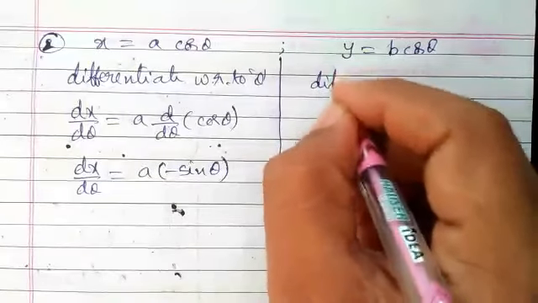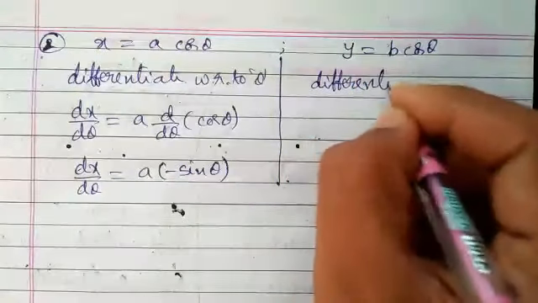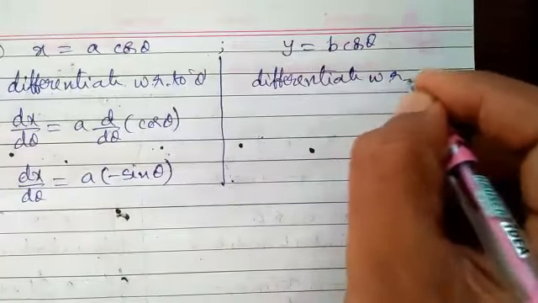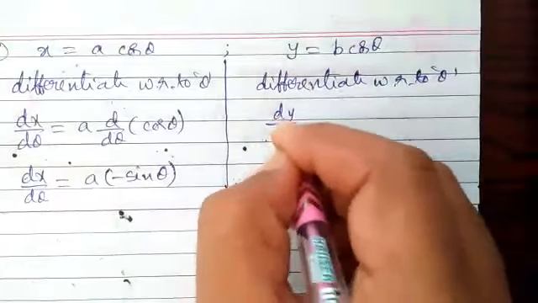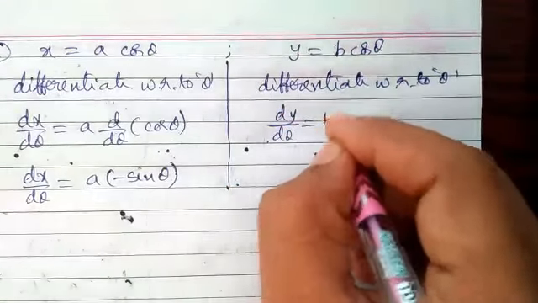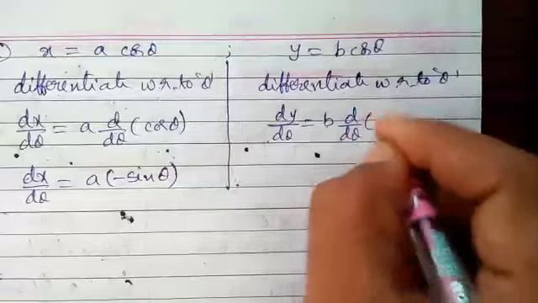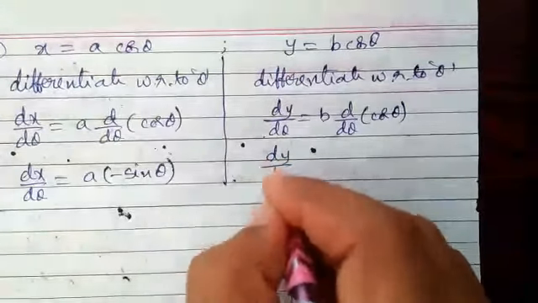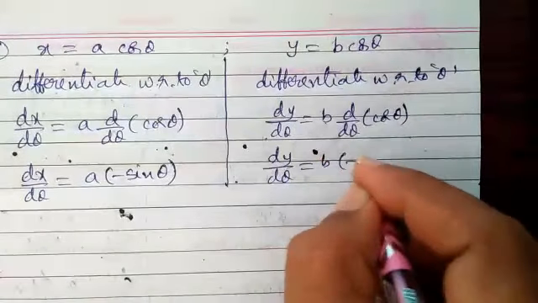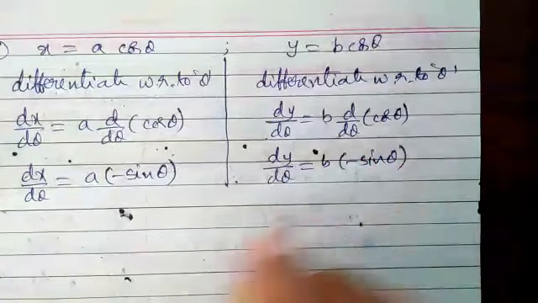In the same manner, differentiate with respect to theta. dy by d theta is equal to b into d by d theta of cos theta, which is b into minus sin theta.